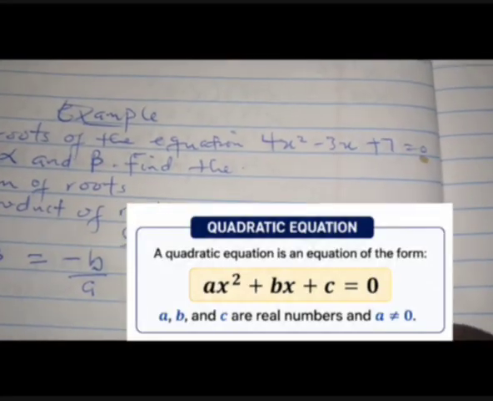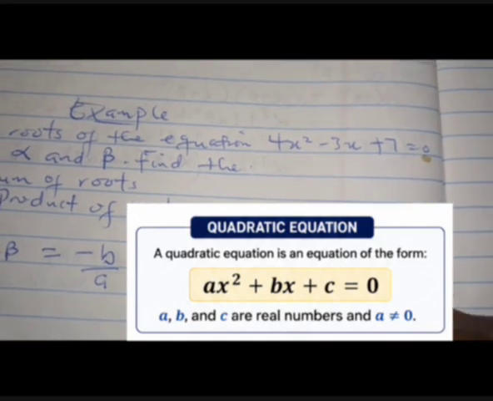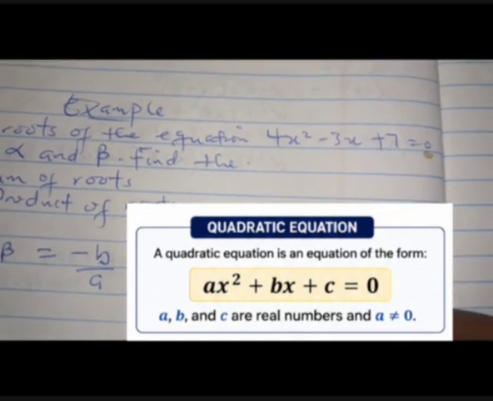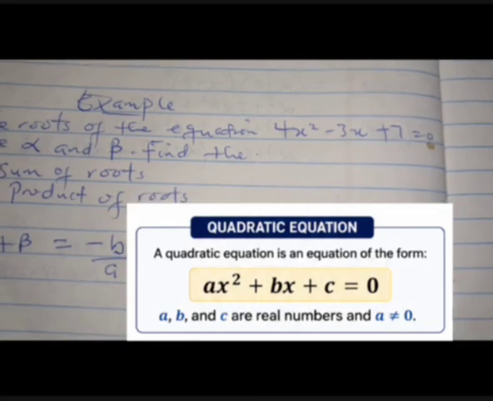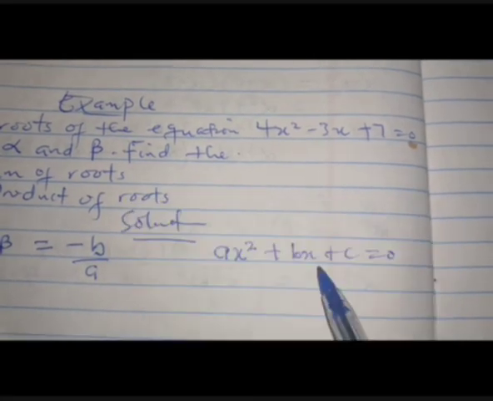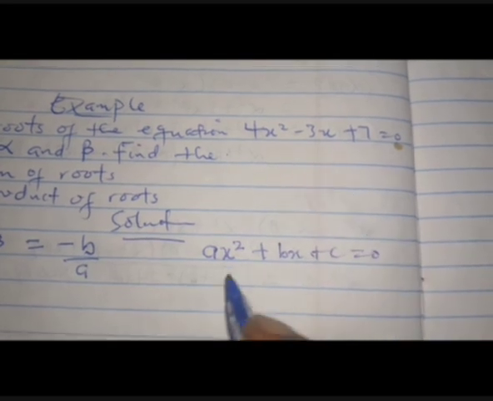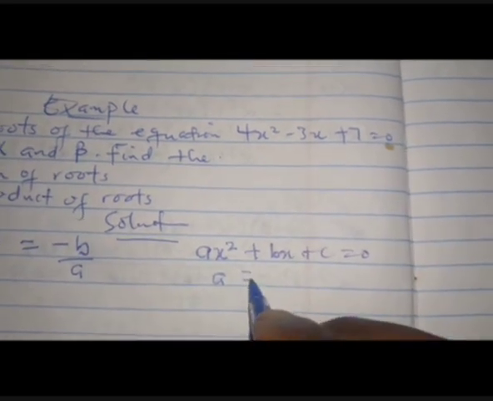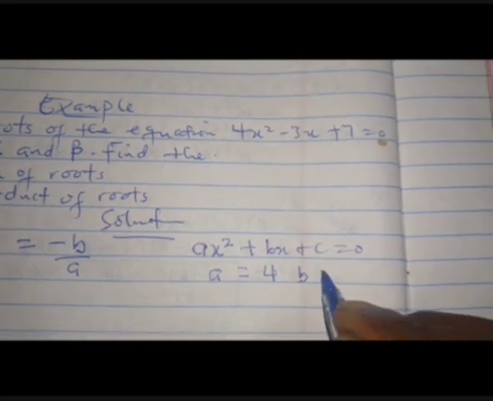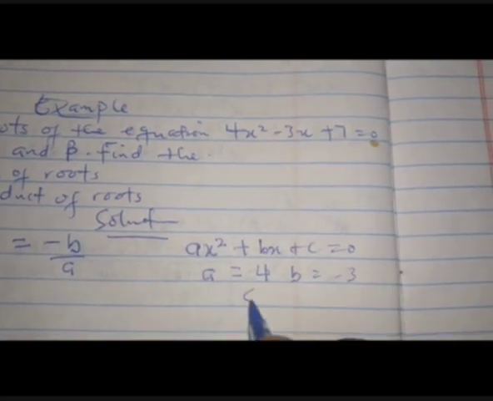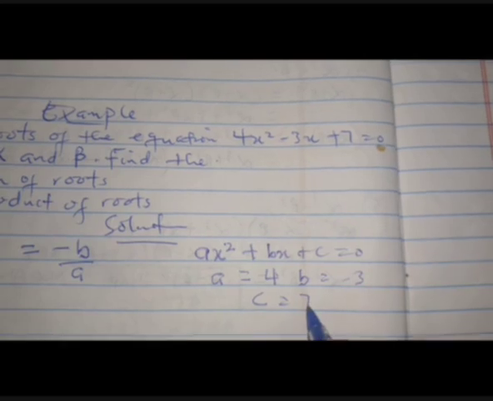Now, a quadratic equation is of the form ax squared plus bx plus c is equal to 0. So by comparing ax squared plus bx plus c is equal to 0 with 4x squared minus 3x plus 7, our value for a is 4, b is minus 3, then c is 7.